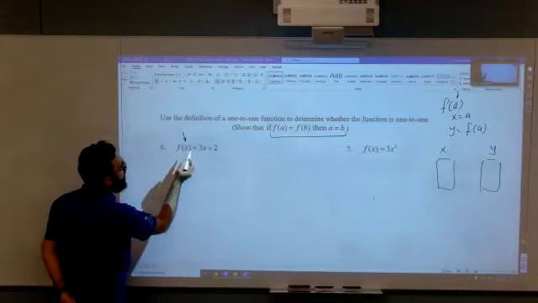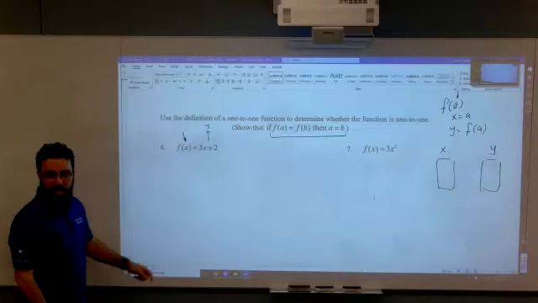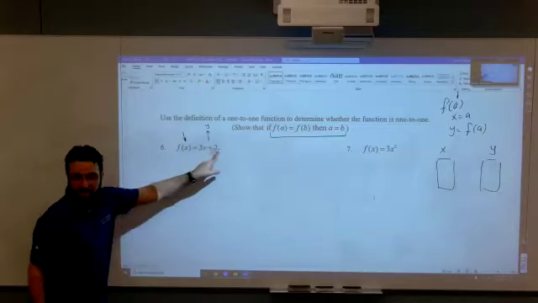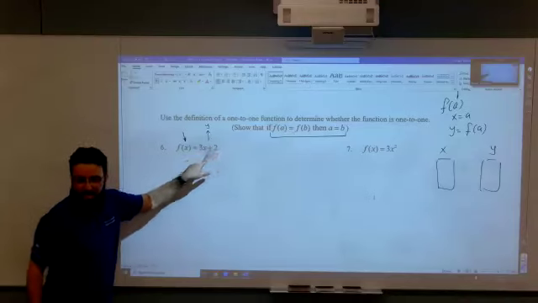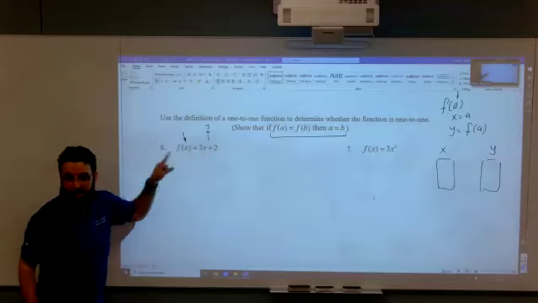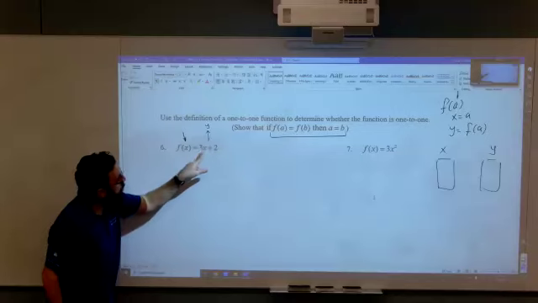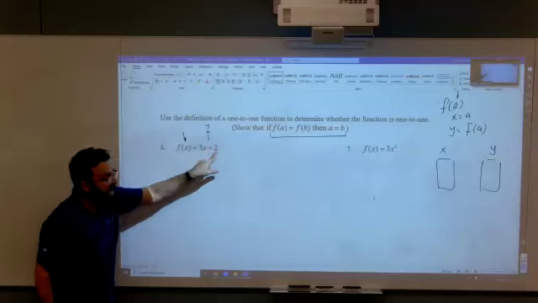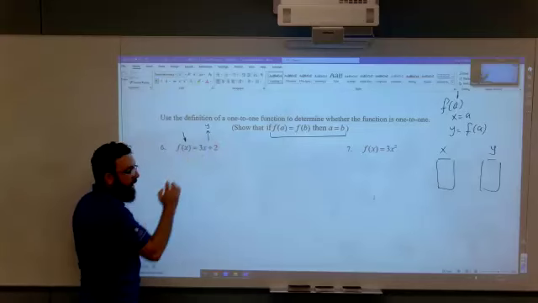X. How does the Y look like? The numbers in Y look like this, because you multiply the X by 3 and you add 2. So this is the shape of Y.